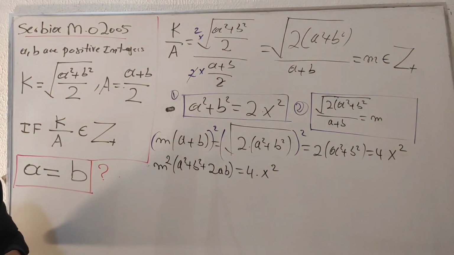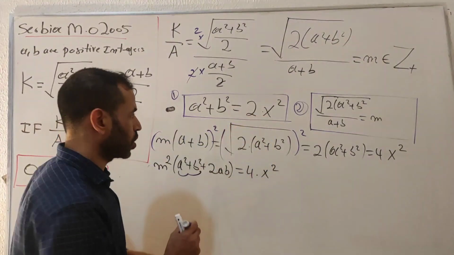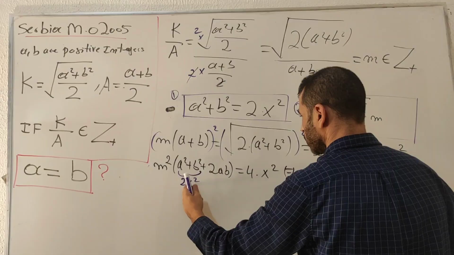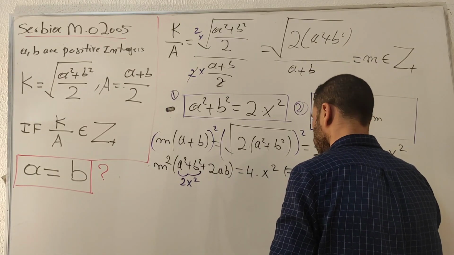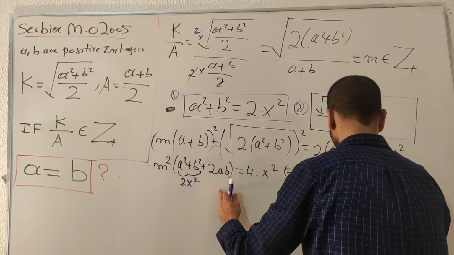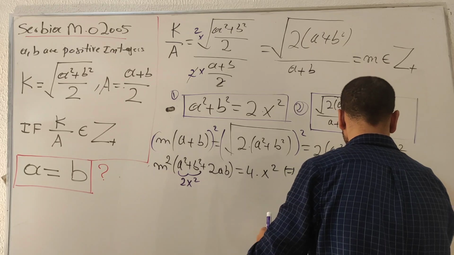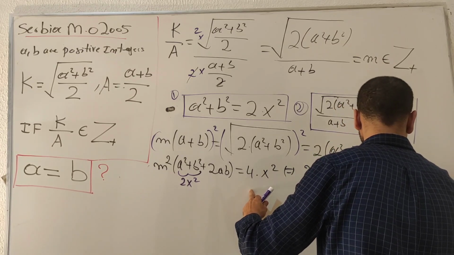Let's also replace this a square plus b square with 2x square here, and then expand this one out. I get 2 times m square multiplied by x square plus 2 times ab multiplied by m square, which equals 4x square.